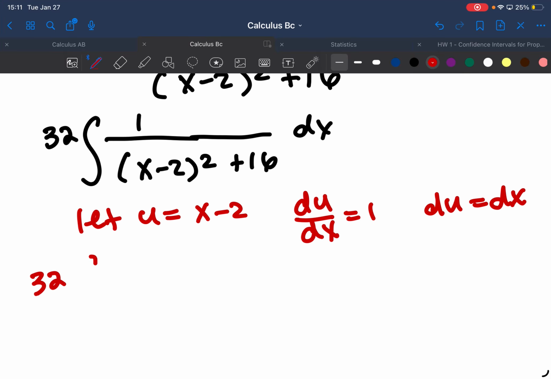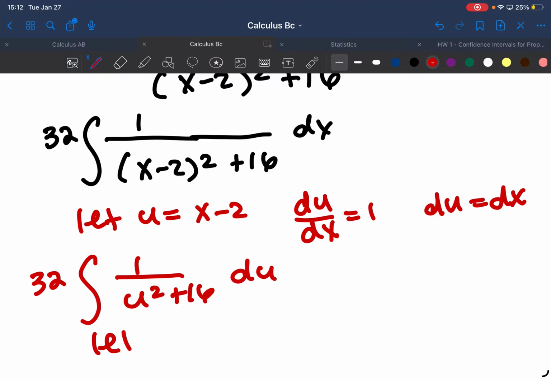This is 32 integral of 1 over u squared plus 16 du. I did exactly this. This is where I got stuck. So if you were doing these same exact steps, what would be your next step? Double u substitution. Double u substitution for what? u squared plus 16. Okay, let's try.